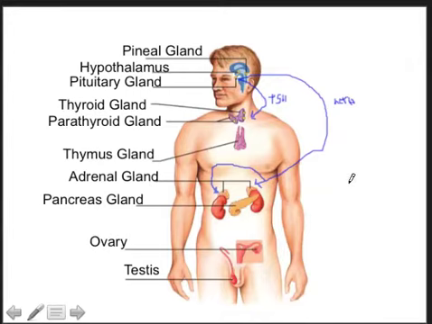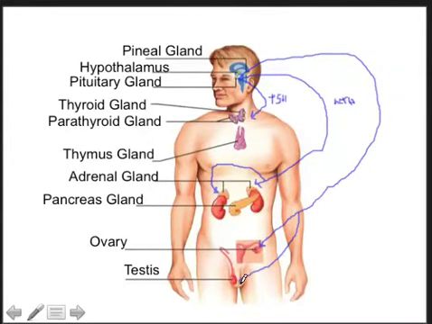Another tropic hormone that is secreted by the anterior pituitary are a set of hormones called gonadotropins, and they target the gonads. In the female, the gonads are the ovaries, and in the male, the gonads are the testes. And the two gonadotropins that are produced by the anterior pituitary are called LH and FSH, and those two names stand for luteinizing hormone and follicle stimulating hormone.